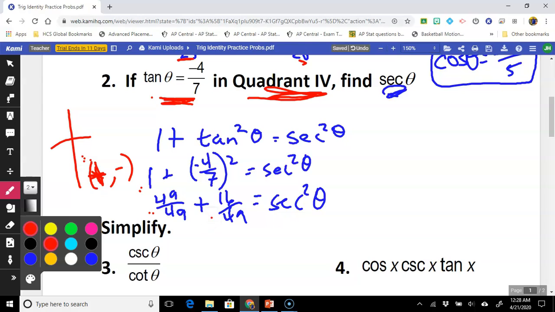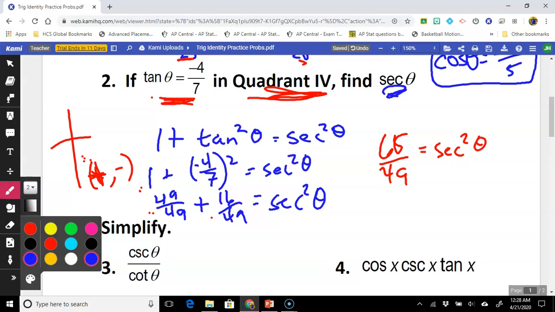Remember, that's going to be positive when we square a negative number. And we have 49 plus 16 over 49. So that would be 65/49 is equal to secant squared.